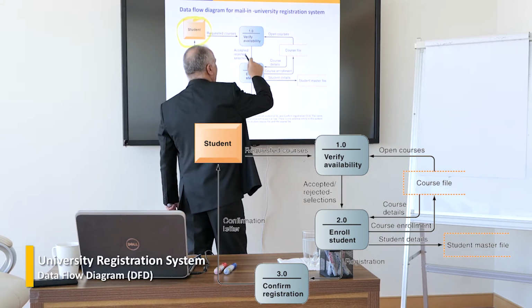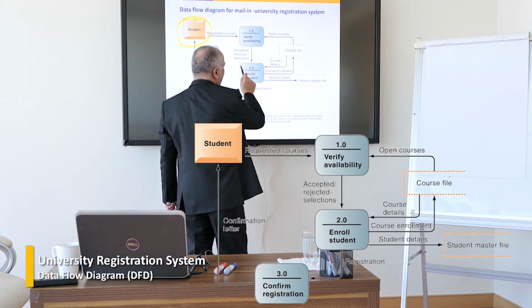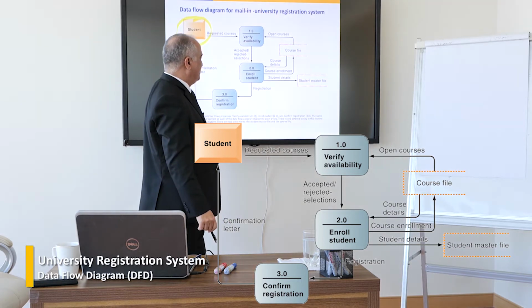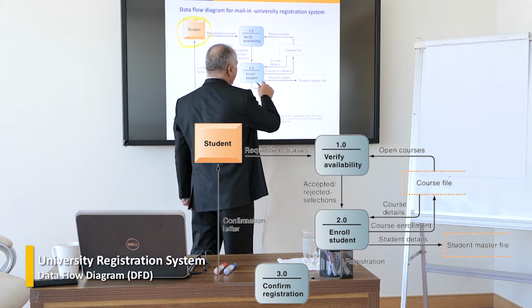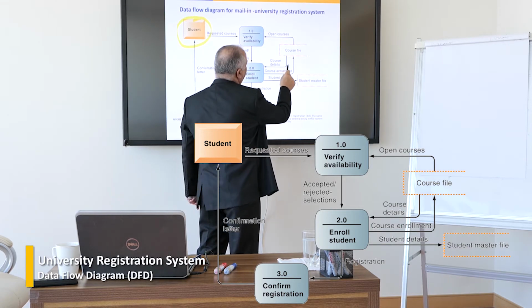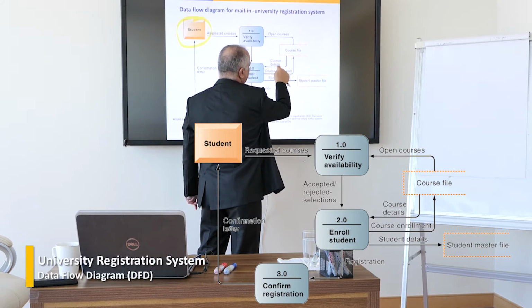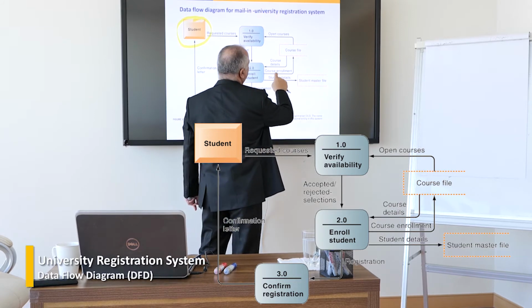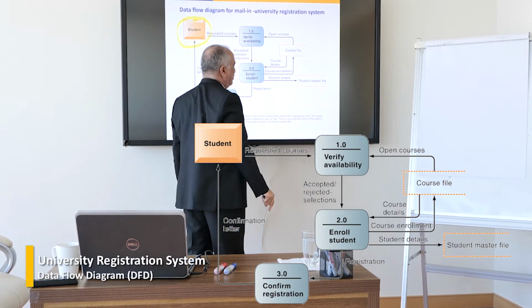Then, if there is availability, we initiate another process, which we call enrolling the student. When we enroll the student, this second process first needs to access the course detail again, and also needs to enroll the student in this course.